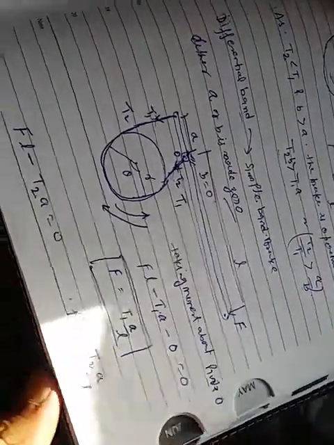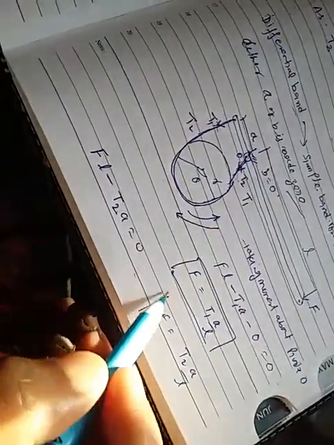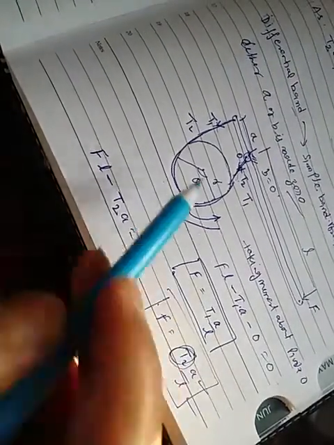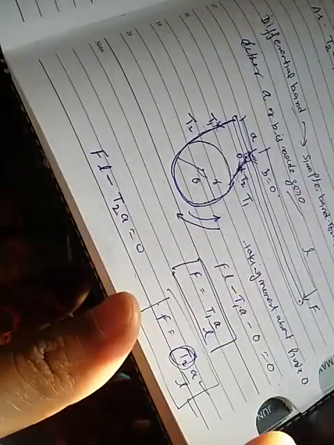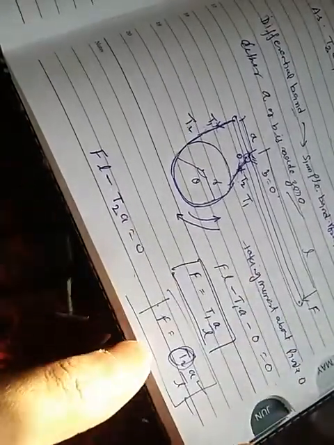Then again F is equal to T2A by L. Again it depends on A, L and T2, and T2 is nothing but the loose side tension. So it depends on only one tension in the belt. All the differential band or simple band cases can be cleared by a numerical.